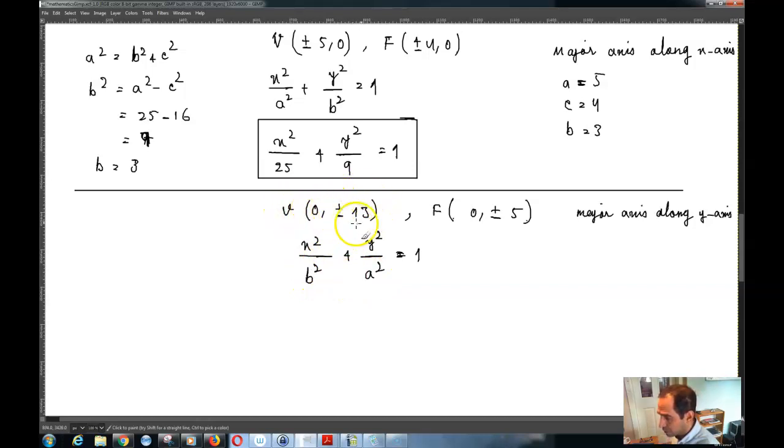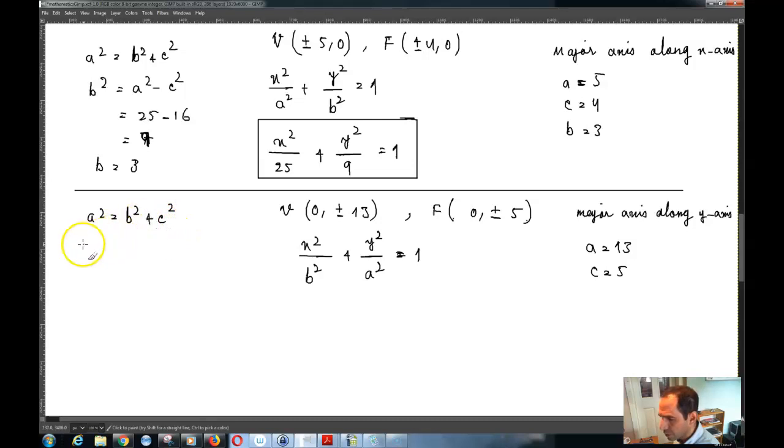This value is the value of a, of course, because your vertex is a units away from the center. So your a is equal to 13, and your c is equal to 5. So then I can write a squared is equal to b squared plus c squared.